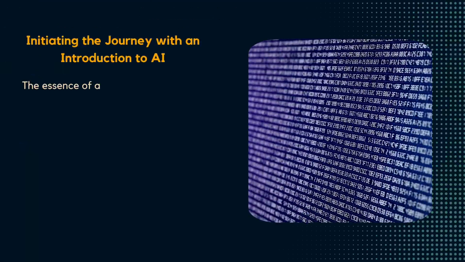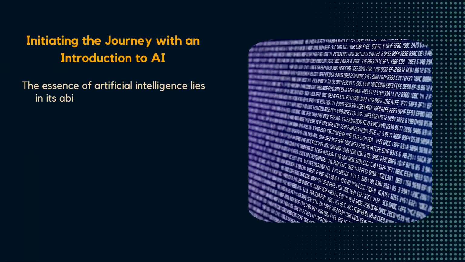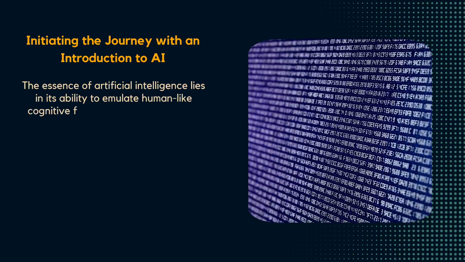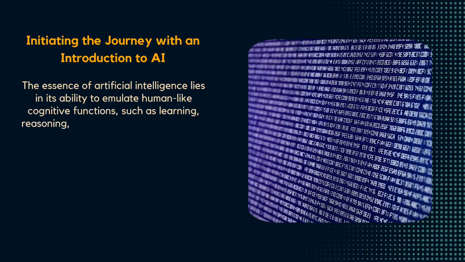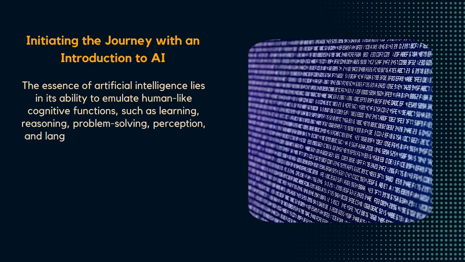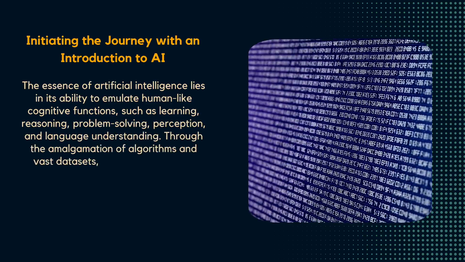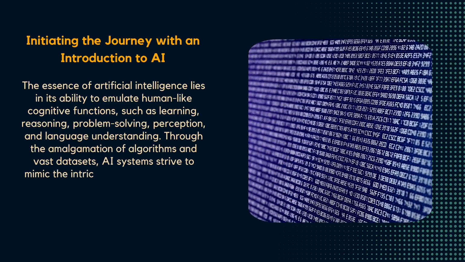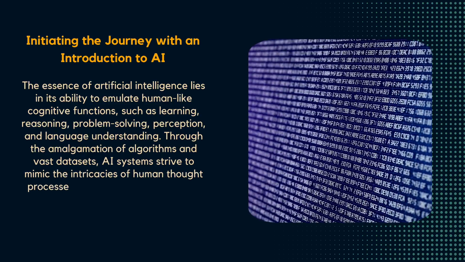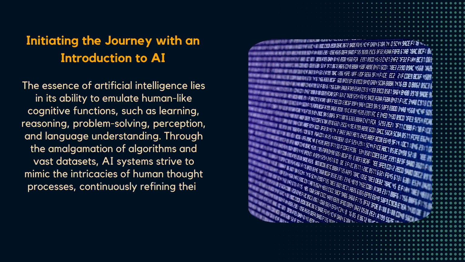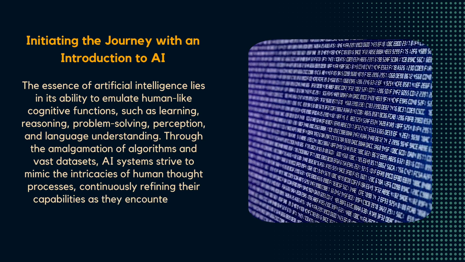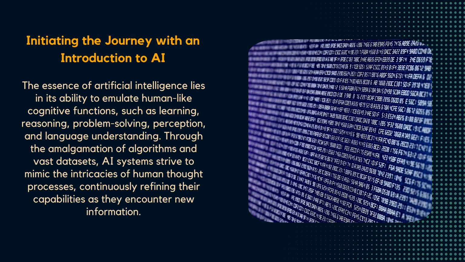The essence of artificial intelligence lies in its ability to emulate human-like cognitive functions such as learning, reasoning, problem-solving, perception, and language understanding. Through the amalgamation of algorithms and vast datasets, AI systems strive to mimic the intricacies of human thought processes, continuously refining their capabilities as they encounter new information.